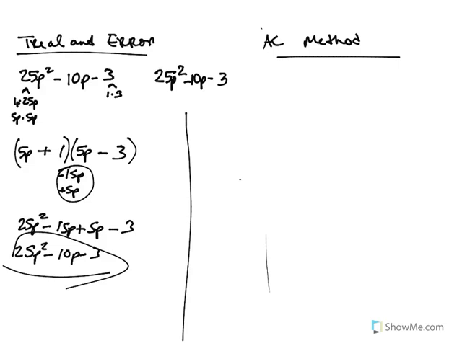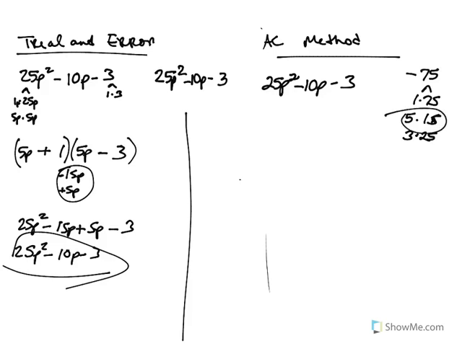So over here, A times C would be a negative 75. So factors of 75: 5 and 15. So plus 5 minus 15.